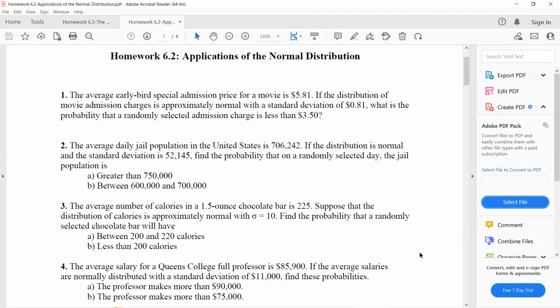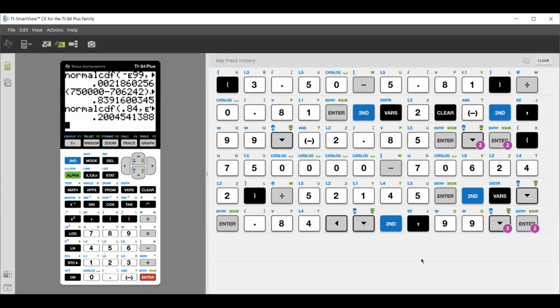$52,140. Okay. Is that what I put in the calculator? Let me see. 52,1. Okay, let me go up here and check. Yeah. Oh, maybe the thing on the answer key is wrong. Maybe, yeah, I think.